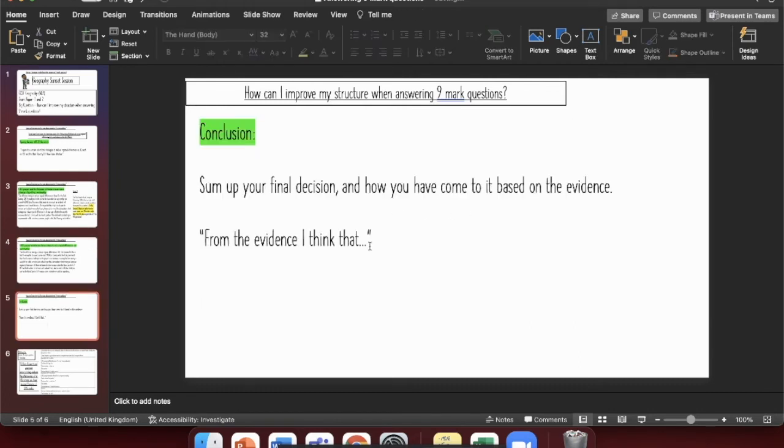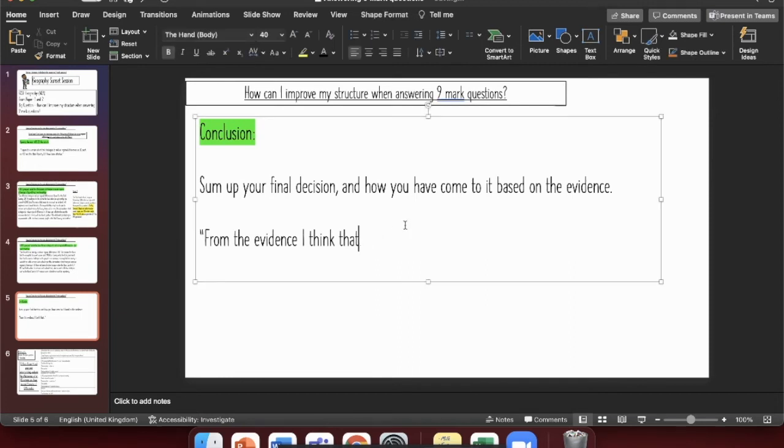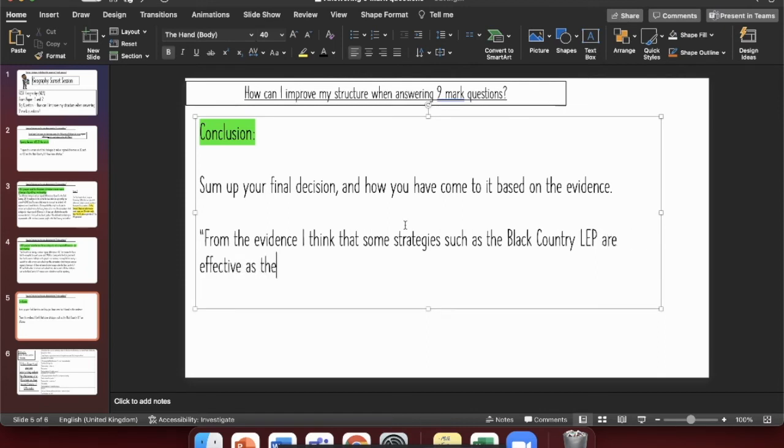Finally, my conclusion from the evidence overall, I think that some strategies, do a bit of a comparison here, such as the Black Country LEP are effective as they reduce the gap in unemployment or standard of living.